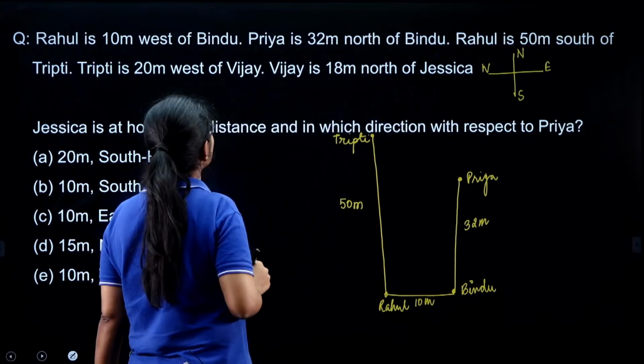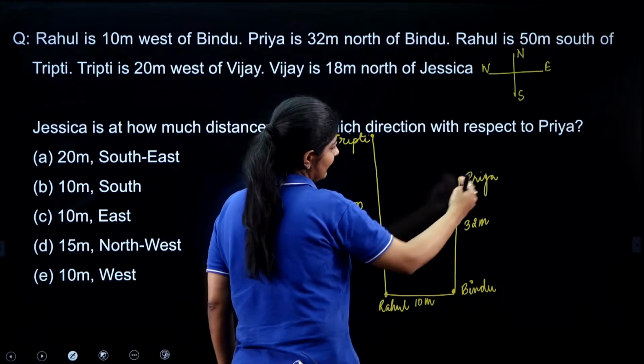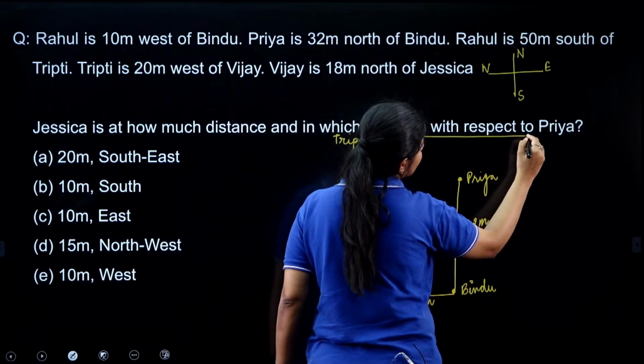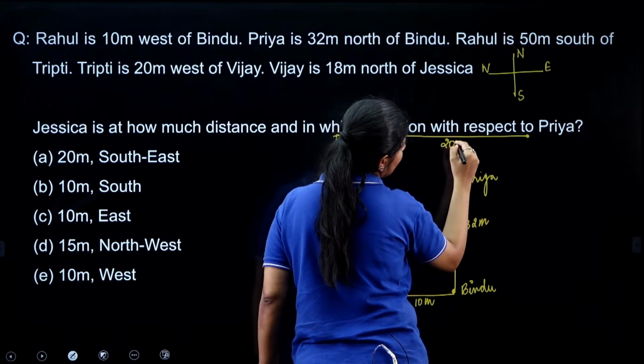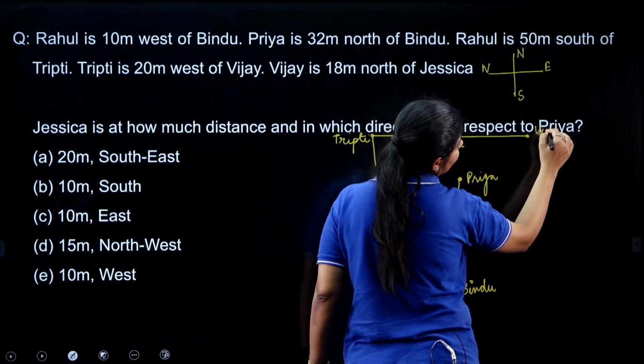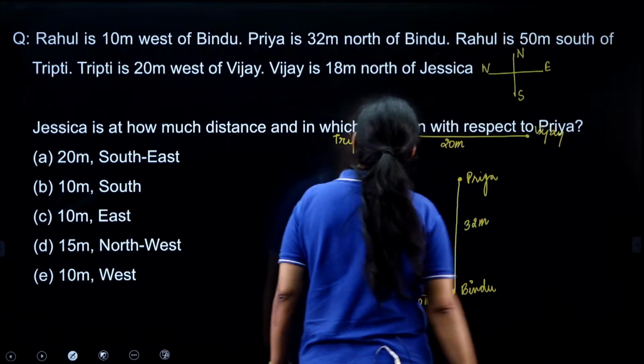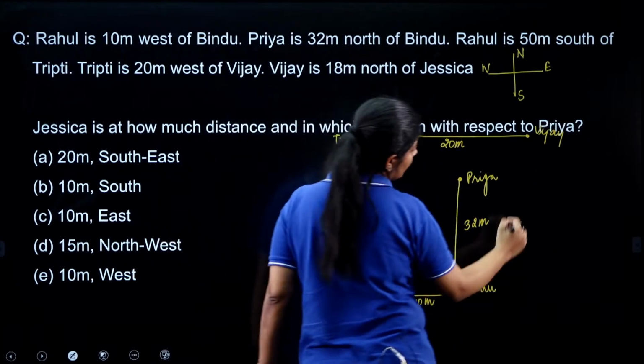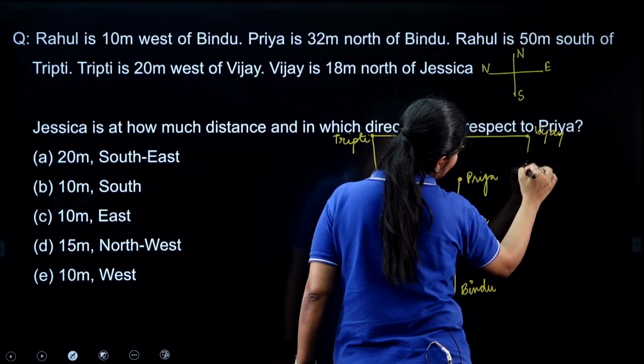And Tripti is 20 meter west of Vijay, and if this one is west and this is 10, then we can assume that this must be 20 meters, and here we are having Vijay, right? And Vijay is 18 meter north of Jessica, so here we are having Jessica.